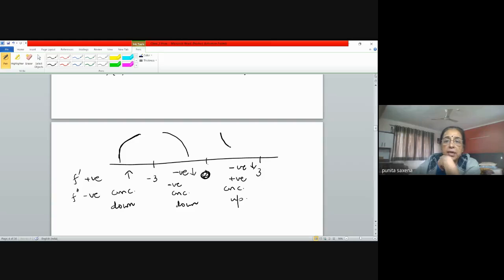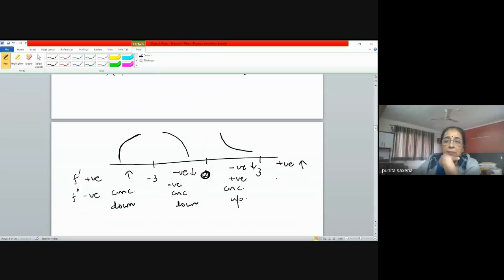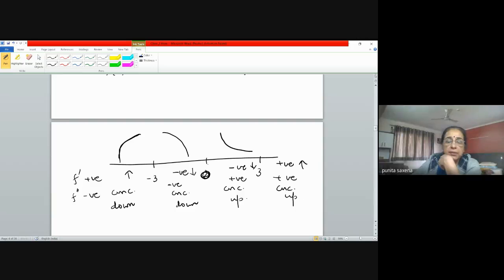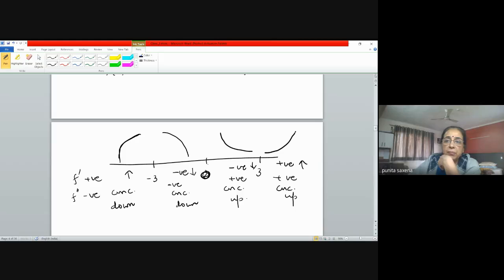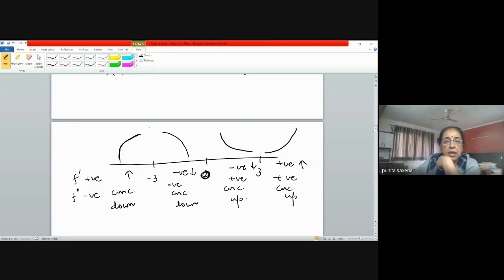Decreasing but concave up, so something like this. What about more than 3? Positive, so increasing and concave up. When we cross 3, the second derivative is positive and concave up, so you are moving up and concave up. अब इनको join कर लो.